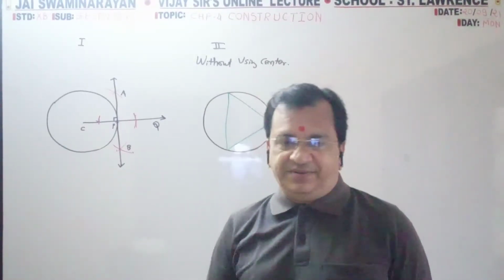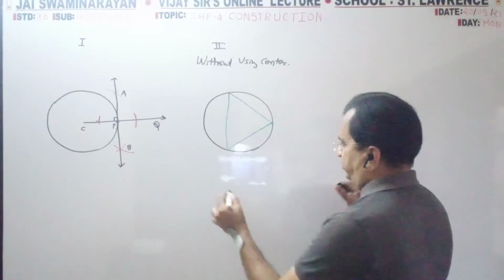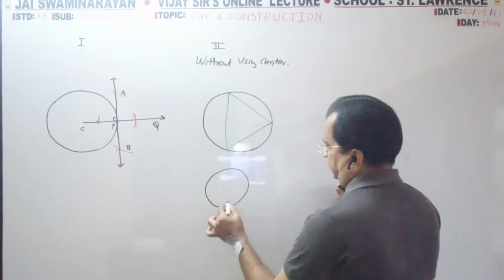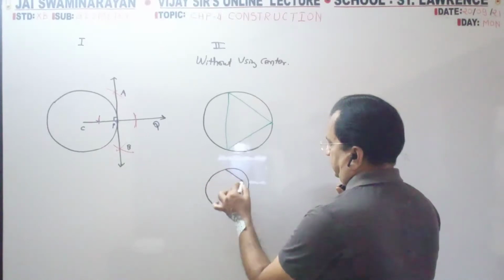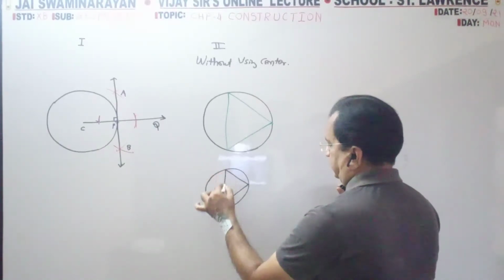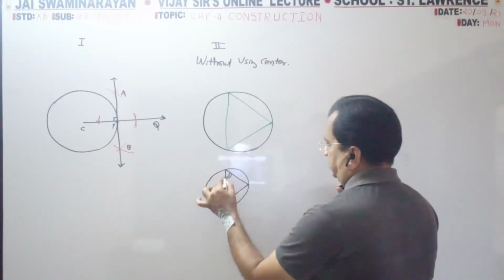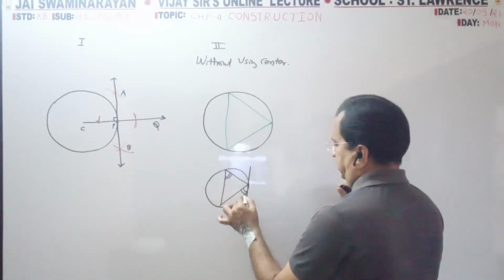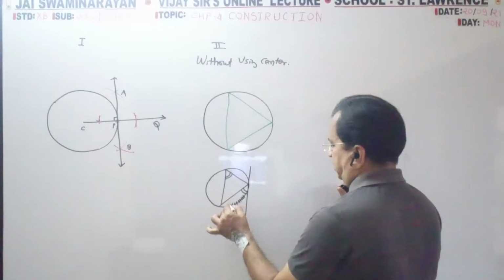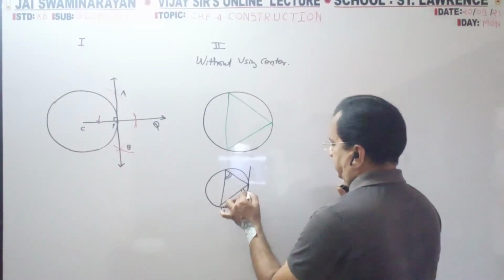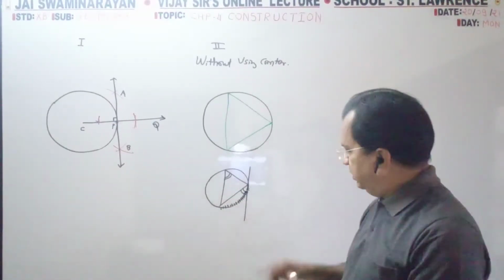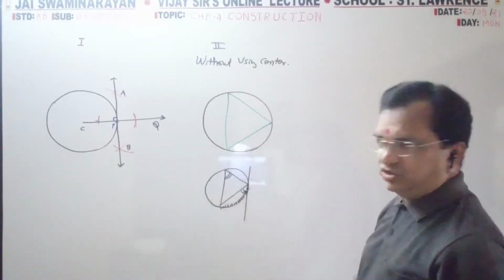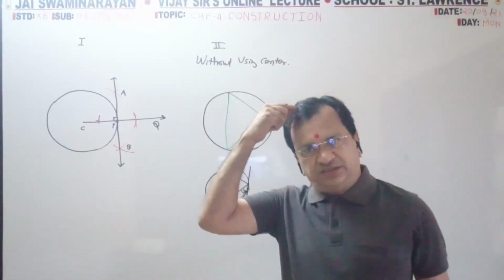Now what is the inscribed angle theorem? This angle is equal to this angle, because this is the inscribed arc. If it is 100, this is 50, this is 50. So you will find the tangent.